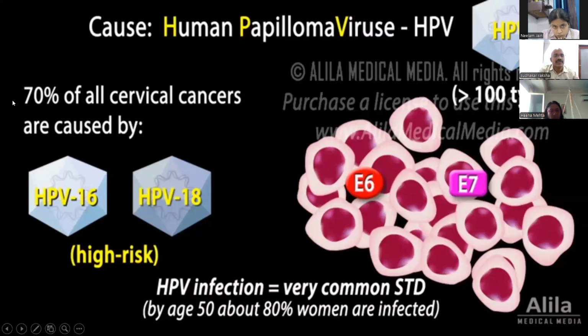They are responsible for most of the cervical cancers. 100% are caused by HPV, but among the HPV, the serotypes are 16 and 18. 70% are caused by HPV 16 and 18. They act through the E6 and E7 proteins and cause failure of the brakes of the cell cycle. So the cells will divide relentlessly, leading to cancer.